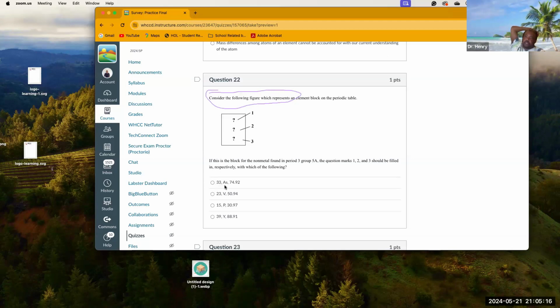A, 33, As, 74.1. B, 23, V, 50.94. C, 15, P, 30.97. E, 39, Y, 88.91. So C is correct.